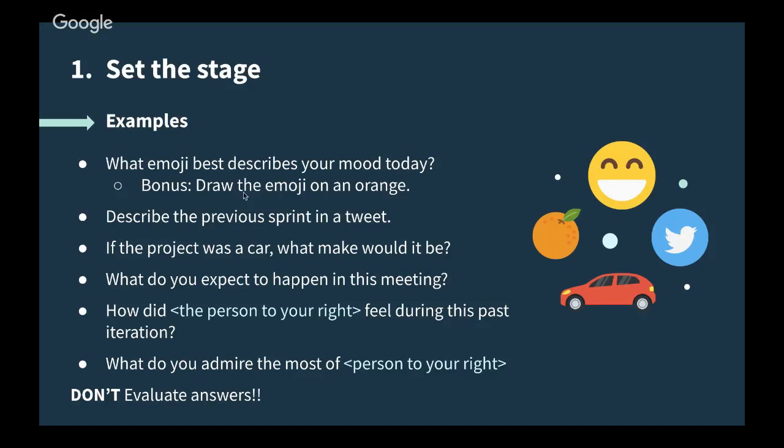Some other examples: describe the previous sprint in a tweet. If the project was a car, what make would it be? I used that, I guess, with the CRM team. Or no, with commerce, but doesn't matter. It's an example of a question that aims at something specific, like how do you see the project? What are we doing?